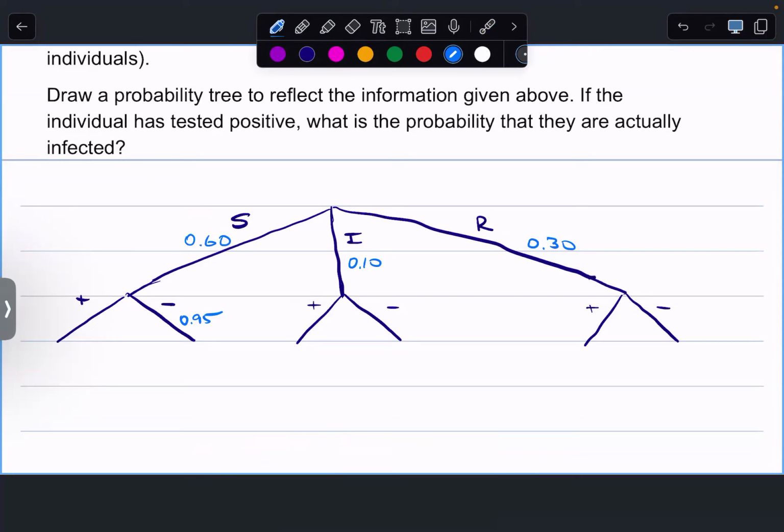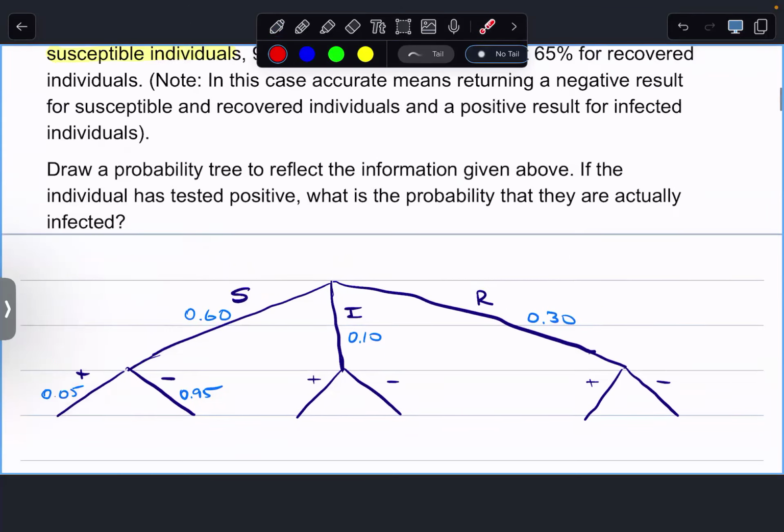Right? Because then it's accurate. You don't have it, could get it, but you should test negative. What does that make this probability? 0.05. Because if you're in the susceptible group, you either test positive or you test negative, and those are your only 2 options, right? And so these probabilities have to add to 1, right?